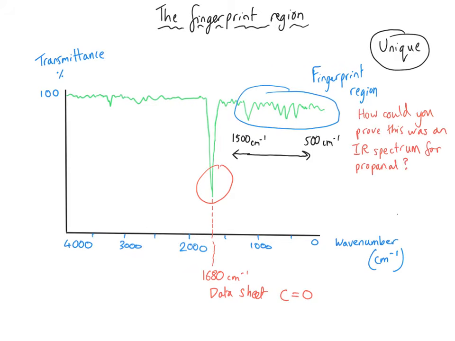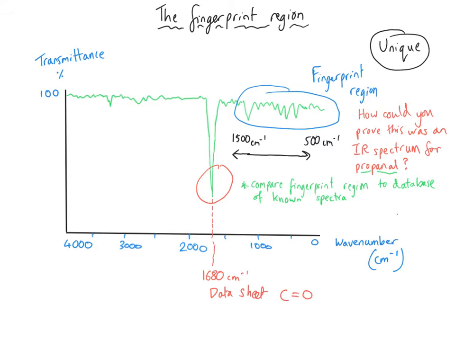In an exam situation, you might be asked a question such as the one here. How could you prove that this was a spectrum for propanal and not for any other aldehyde or ketone? And the answer to this question comes in two parts, and it could be a 2-mark answer.